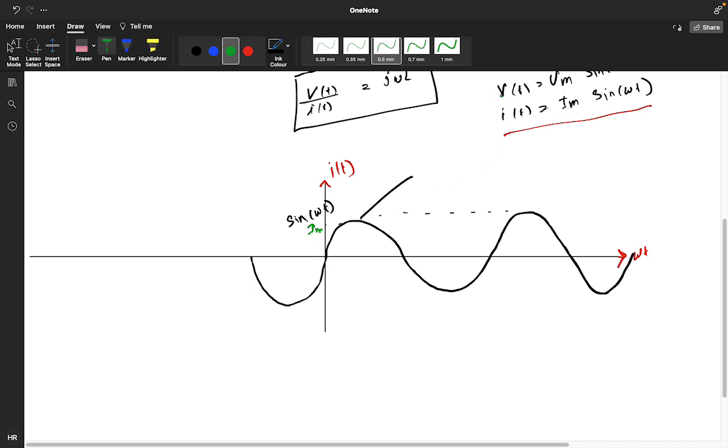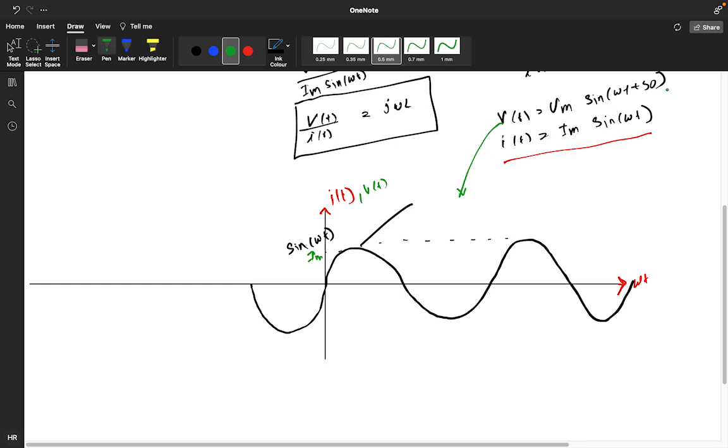Now if you draw the v of t curve, v of t is 90 degrees leading, so it will start from here. It will go like this.